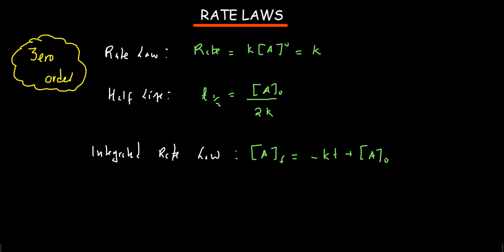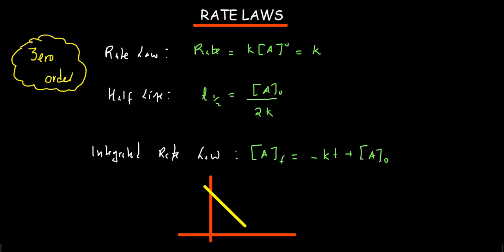Because of what you can see here, if we were to plot a graph of a zero order reaction, the graph will be something like this. What are these things really representing?